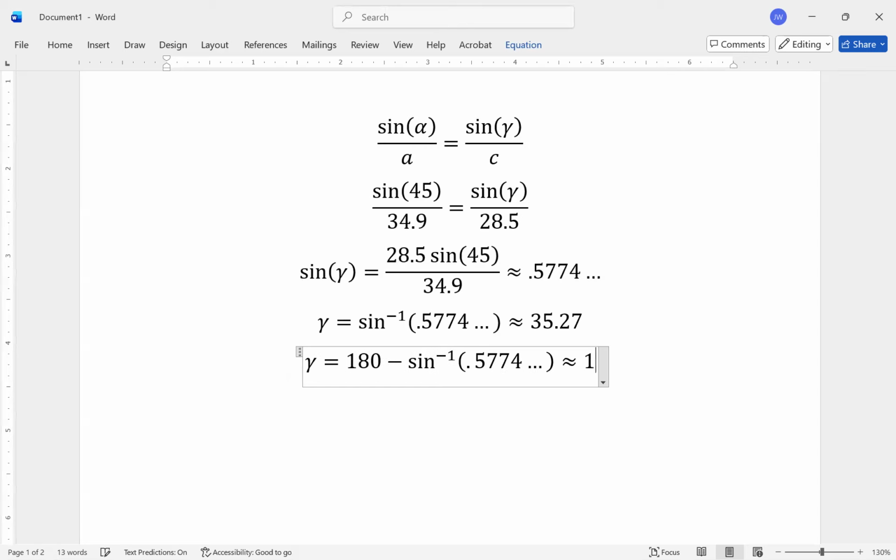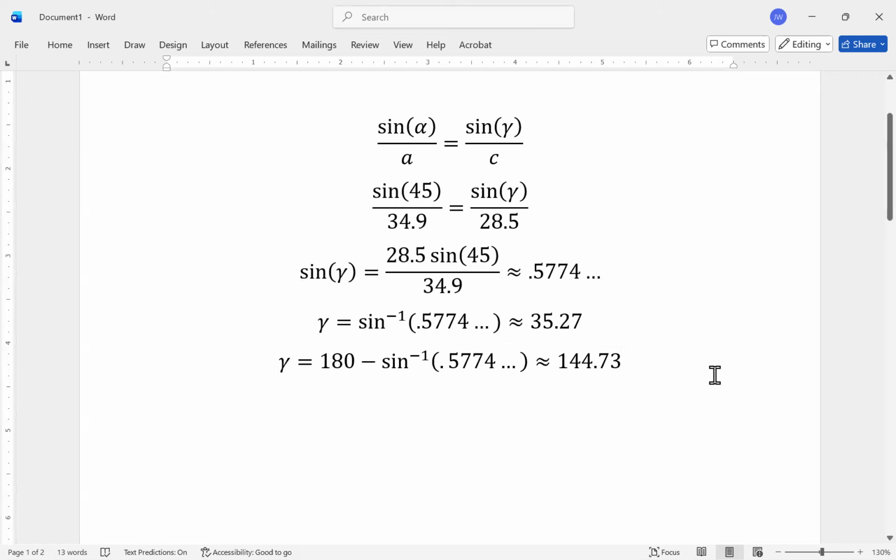That is 144.73 approximately. You can check that when you plug in sine of 35.27, you get this value. And when you plug in sine of 144.73, you also get that value. So both of these work for this equation.